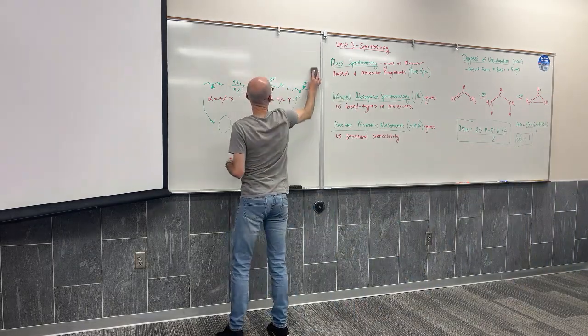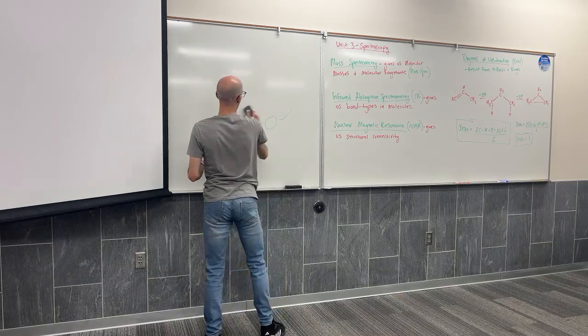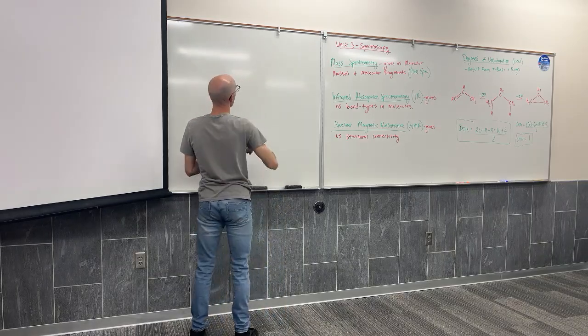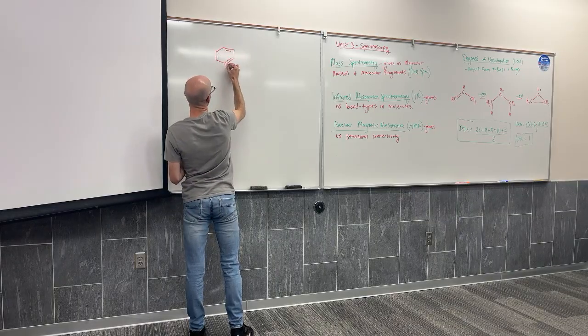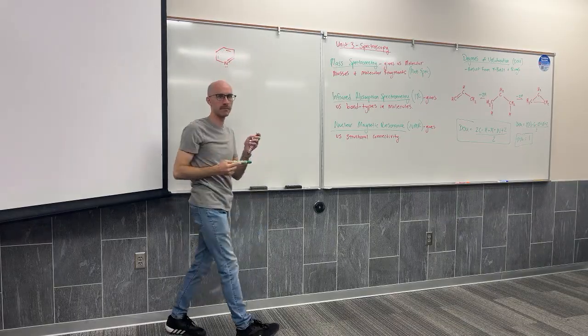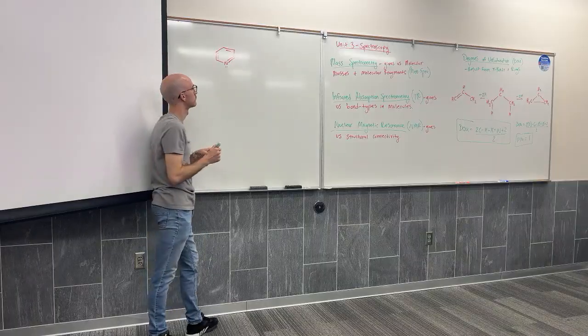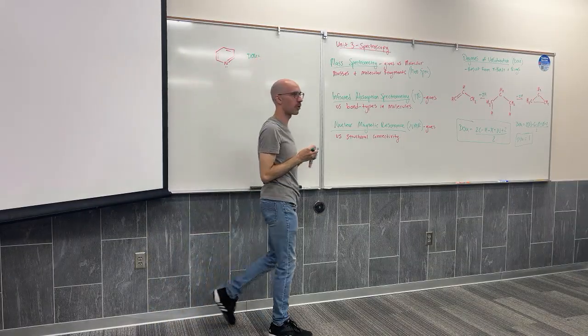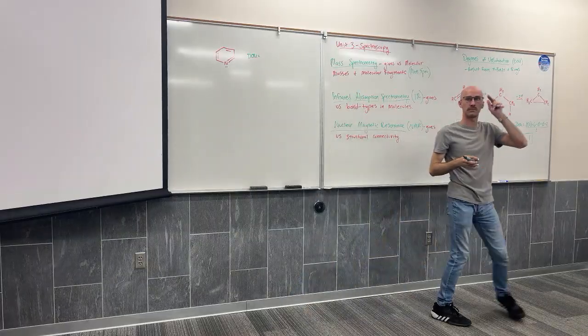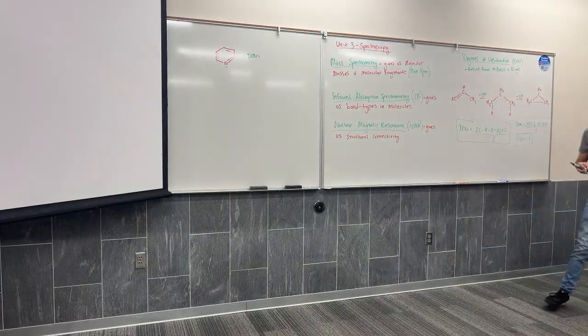So what then, if we take a molecule like pyridine? Pyridine looks like an aromatic ring, but it has a nitrogen inside of it. Before we plug in the chemical formula, count the number of pi bonds and the number of rings.